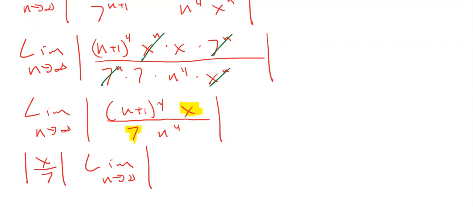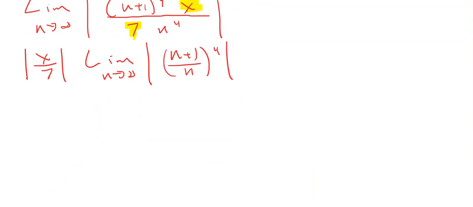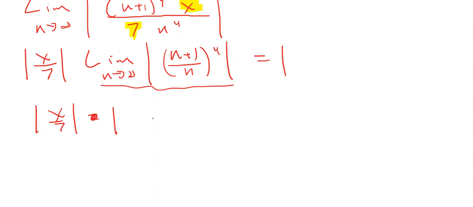And (n plus 1) to the fourth and n to the fourth can be rewritten as n plus 1 over n all to the fourth power. Now, this limit is going to be equal to 1. So we have the absolute value of x over 7 times 1, which is simply the absolute value of x over 7.